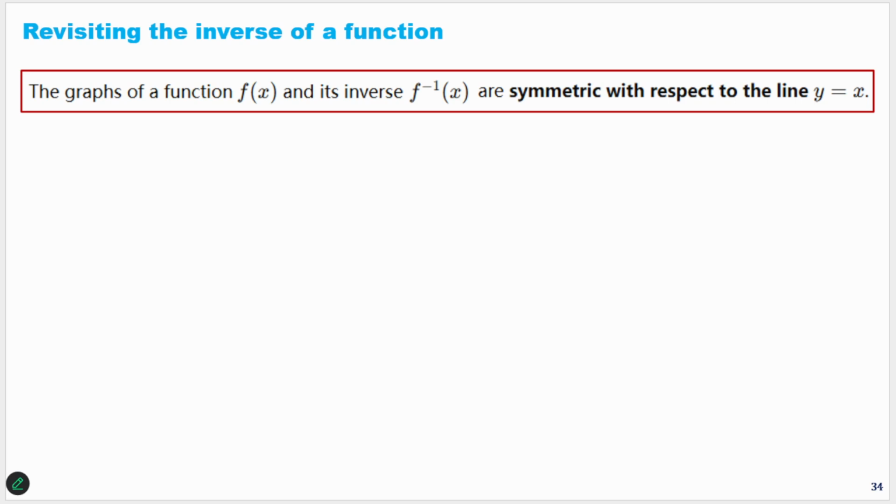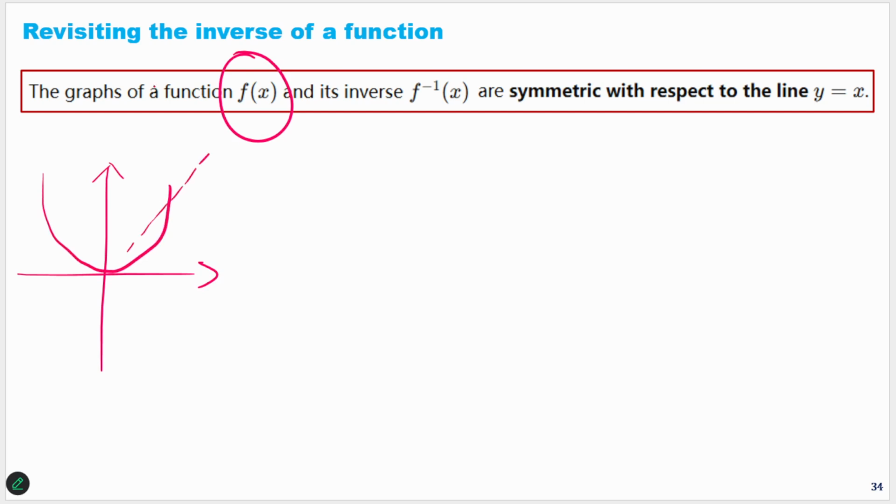y equals x? Because the degree is one, there's no exponent. Whose degree is 1? No, no, I mean, well, actually, f(x) can be any function, right? For example, if you have a quadratic function like this, no matter whether its inverse is a function or not, the graph of the inverse of this function is always symmetrical with the original function in the line y equals x, like this.